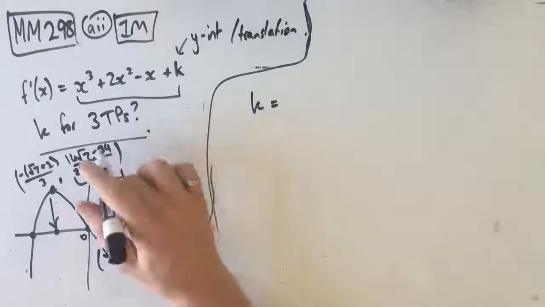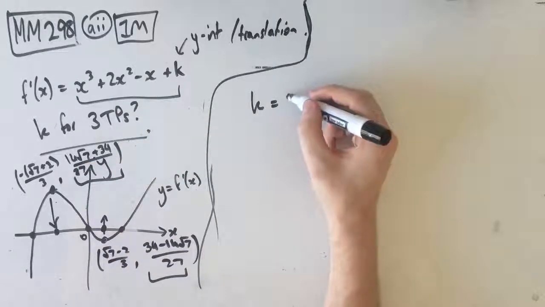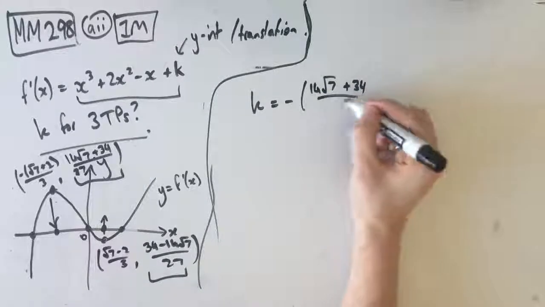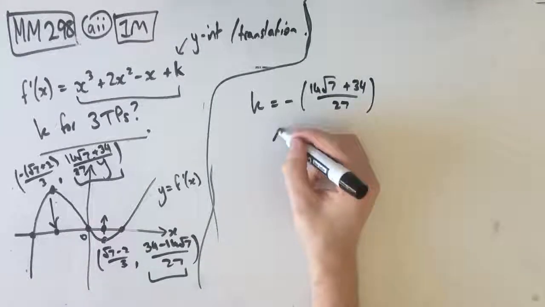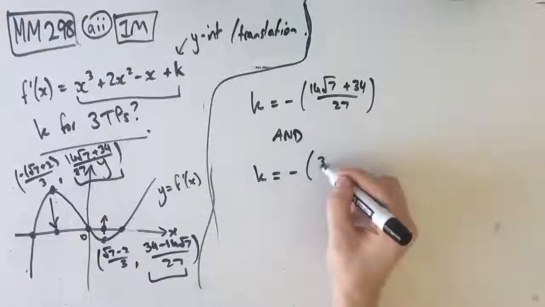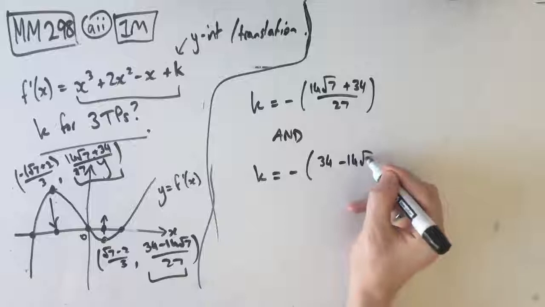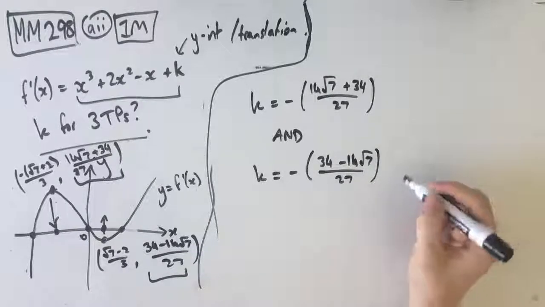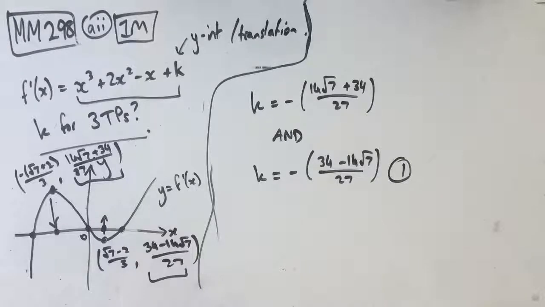So we take the negative version of that, so k equals negative 14 root 7 plus 34 over 27, and k equals the negative version of this, negative 34 take 14 root 7 over 27, and that's it. So that's actually our first and final mark for this question.